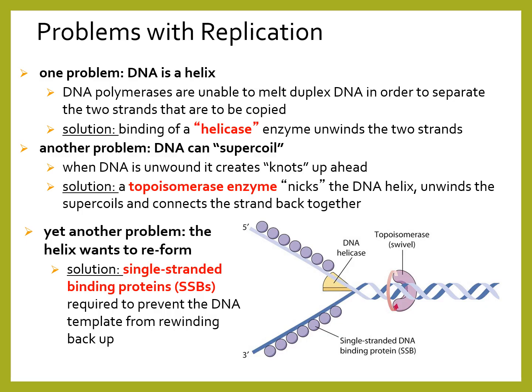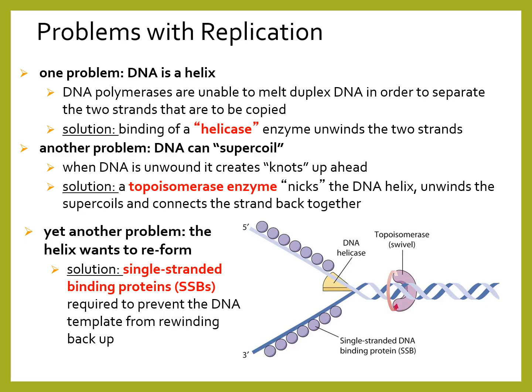And because of the second problem, the DNA helix being a helix and us having to have a helicase unwind the DNA, we're going to create tension ahead of that unwinding. That's called supercoiling. There are enzymes to get rid of these knots, these supercoils. They are called topoisomerases. They nick one of the two strands, so they cut one phosphodiester bond in one of the two strands of the DNA helix.